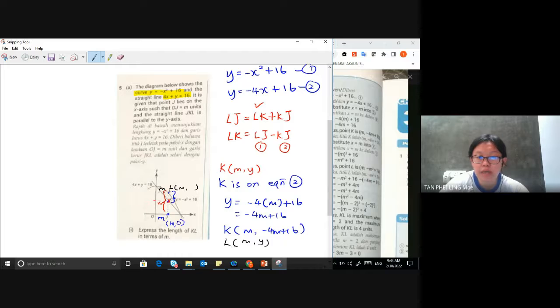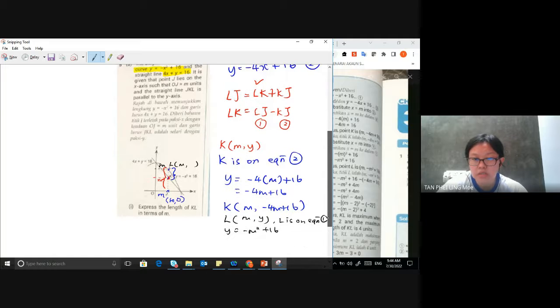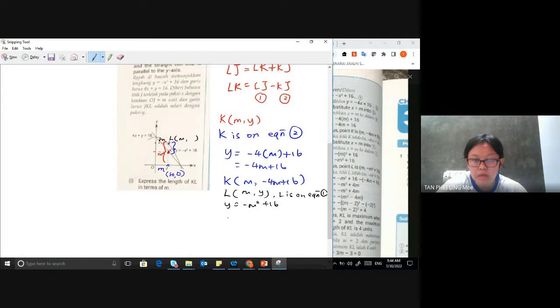So I have to put my L into equation 1. So now I will put Y equals negative M squared plus 16. So can I happily declare that my L is actually (M, negative M squared plus 16).